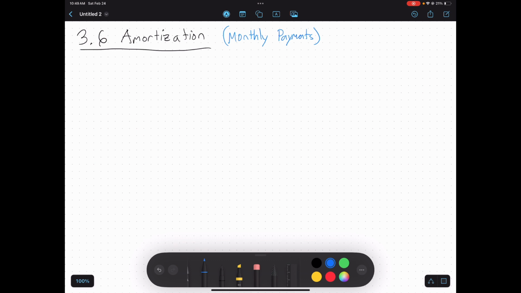So, monthly payments come when you take out a loan. And if you take out a loan, of course, you're charged interest on that loan. My formula for my loan ends up being really similar to my formula for investing money into an account, right?